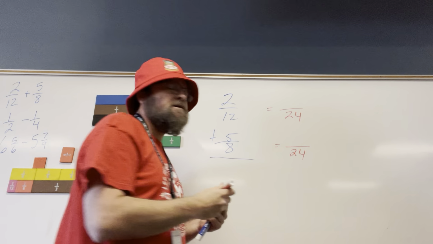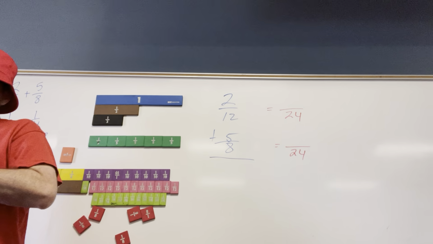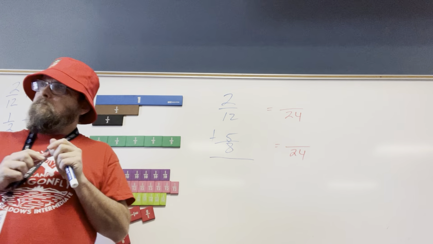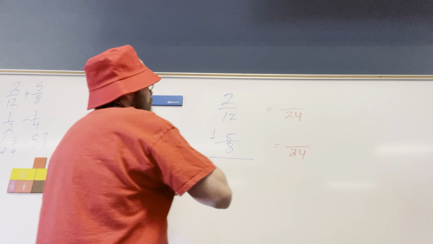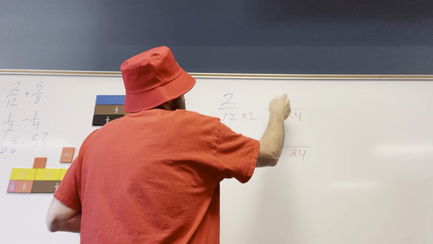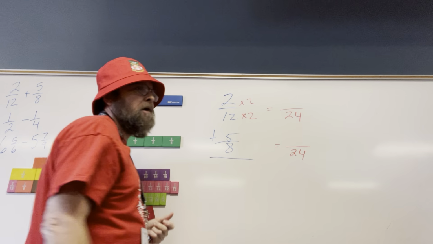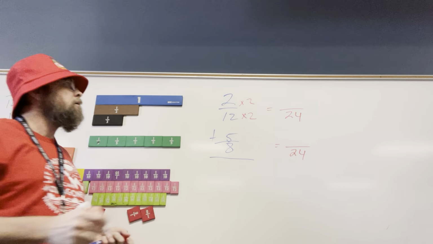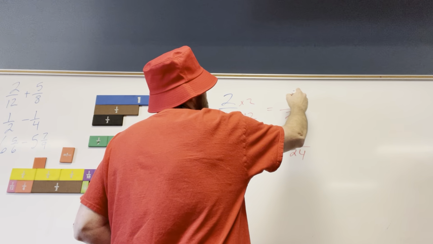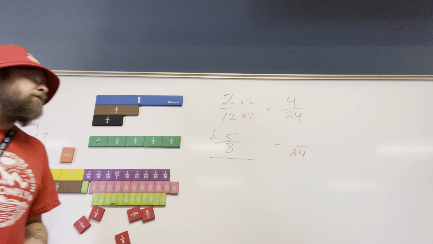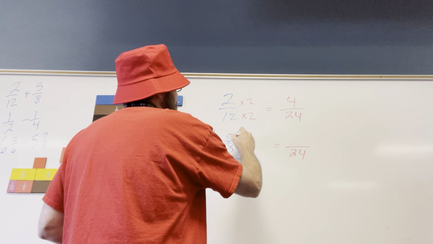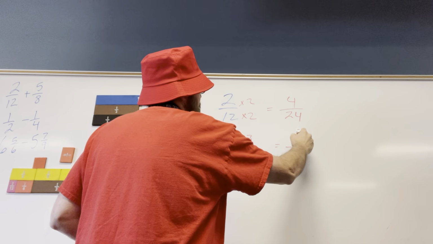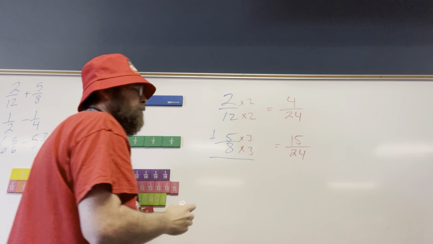And how did you get that, Scout? Well, I multiplied 8 by 3 and 12 by 2. Okay. Because 12 times 2 equals 24. So I have to multiply my numerator by 2 also, and I get 4/24ths. 5/8, as Scout said, is multiplied by 3, which gives me 15/24ths.